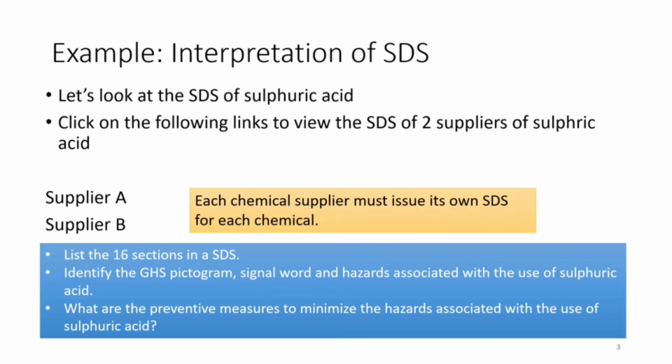I want you to pause this video and to visit the 2 documents of SDS and to answer the 3 questions. List the 16 sections in a SDS. Identify the GHS pictogram, signal word, and hazards associated with the use of sulfuric acid. What are the preventive measures to minimize the hazards associated with the use of sulfuric acid?